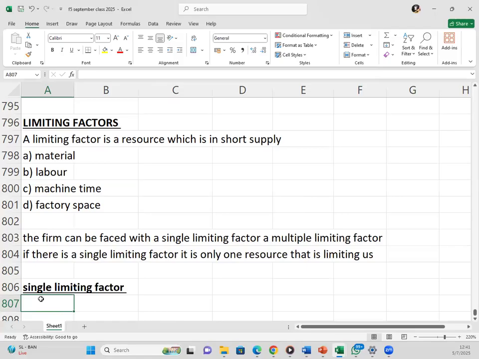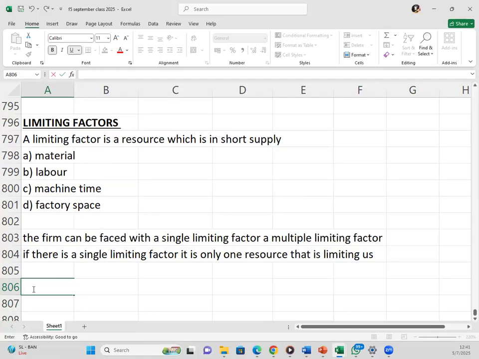So let's say material is a limiting factor. Okay, let me maybe not use material. Let's think of labor time.